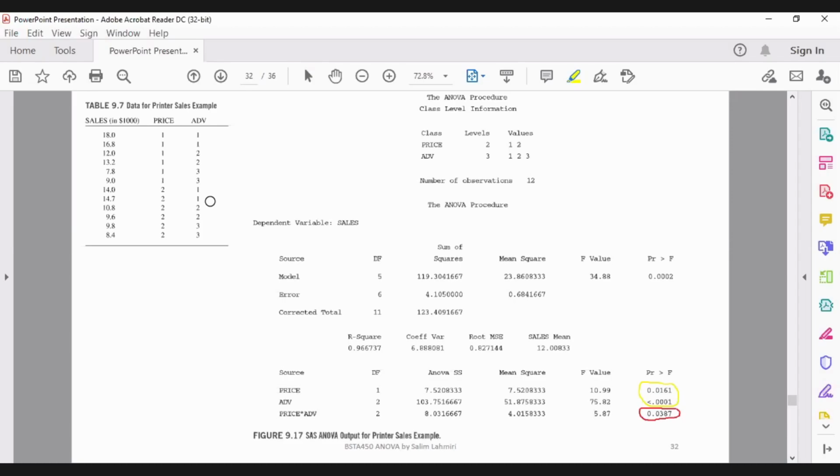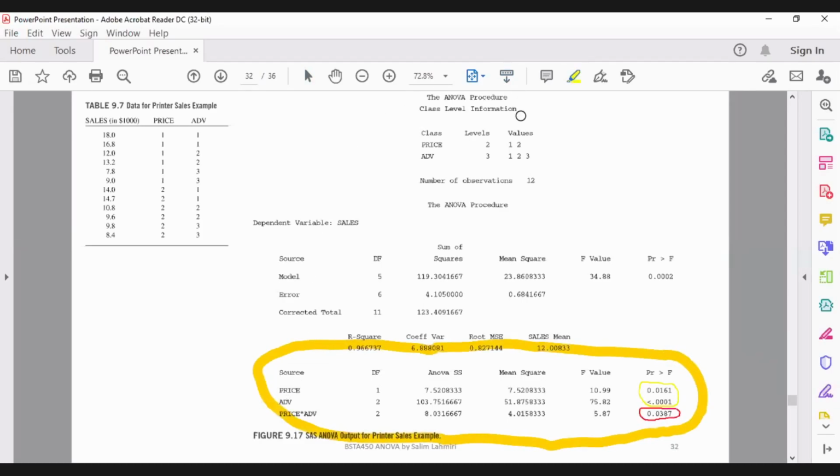We want to check whether the mean of sales is similar across price levels, across advertising levels 1, 2, 3, and across interaction effects. So please look at this table.